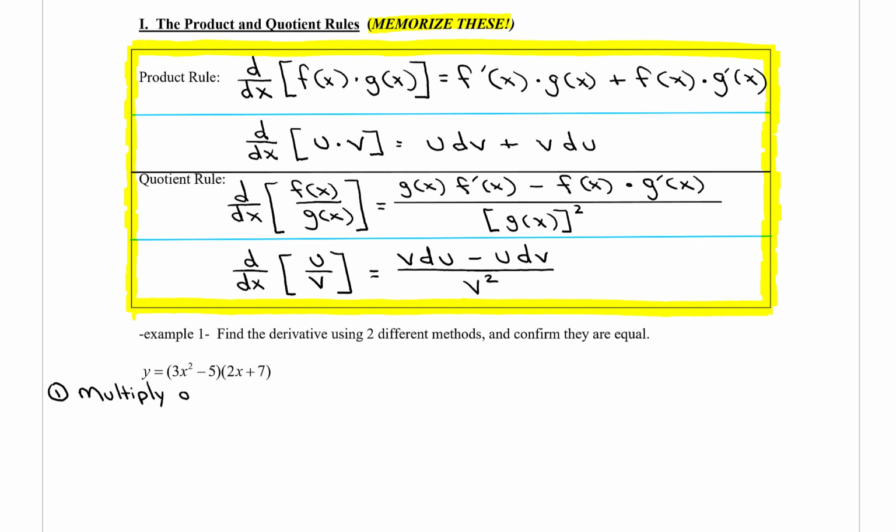So if we multiply 3x squared minus 5 times the quantity 2x plus 7, we will end up with the function y equals 6x cubed plus 21x squared minus 10x minus 35.